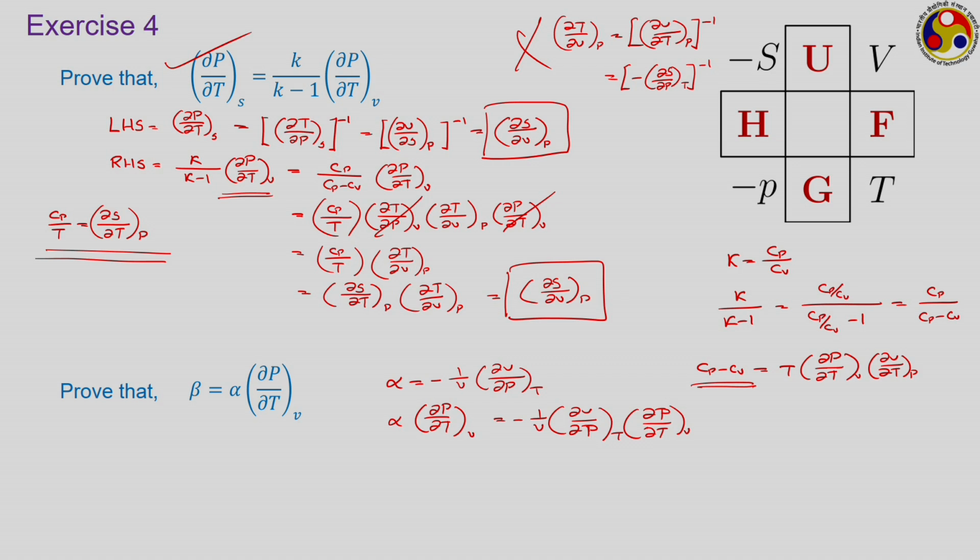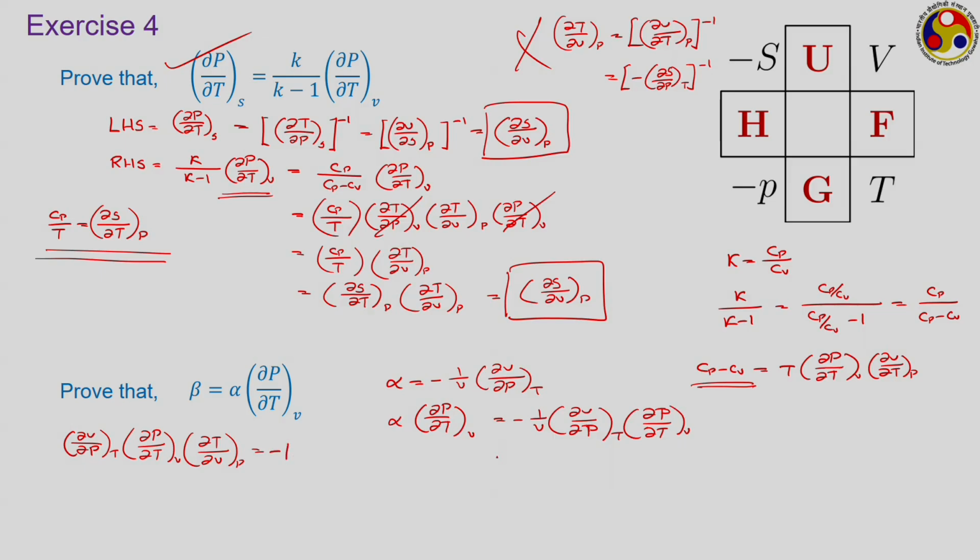So, what should be the substitution that you can use here? Anything clicking in your mind? The cyclic relation. What will be a cyclic relation between P, V and T? That will be dou V dou P at T into dou P dou T at V into dou T dou V at P equal to minus 1, something we have used.